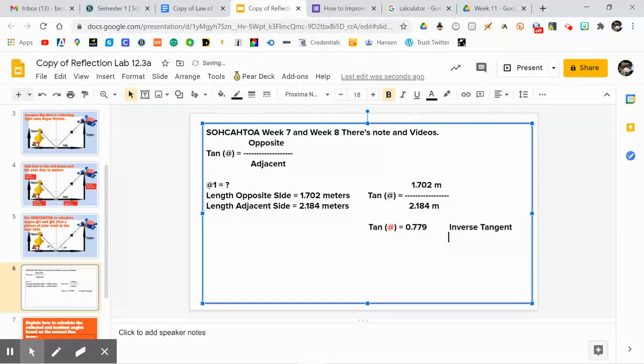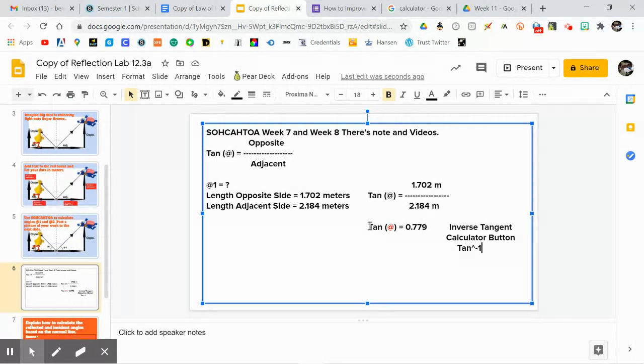Inverse tangent is a calculator button, okay? It looks similar to tangent, but it's tangent to the -1. So that is the inverse tangent, everybody. The inverse tangent is tangent to the -1.